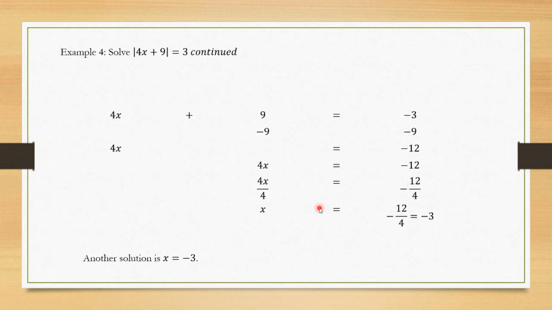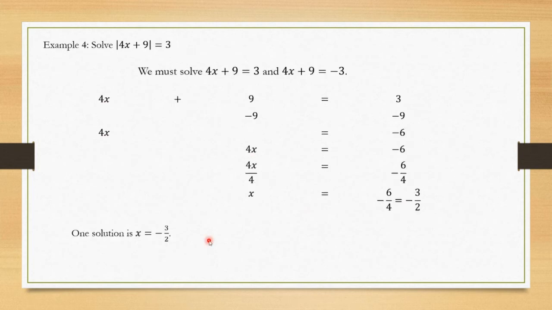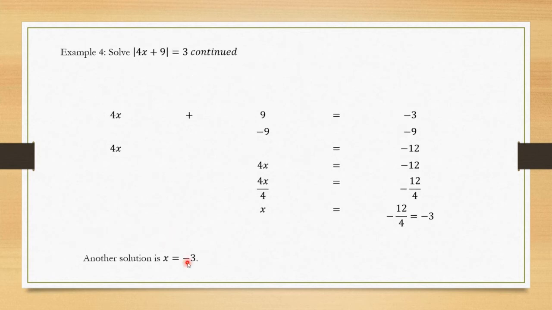Hence, we're going to have x equals minus 12 over 4, which is minus 3, which becomes this. Good. Okay, so that's what we get. So again, we get two solutions here. We have negative 3 halves, and we have negative 3.